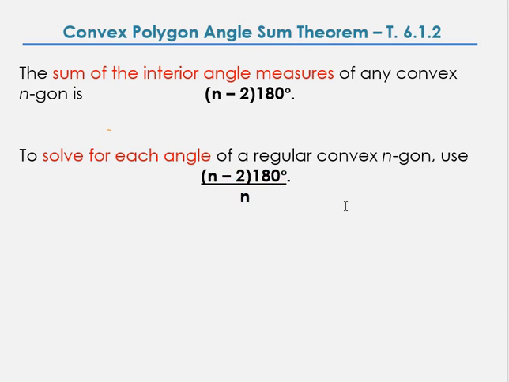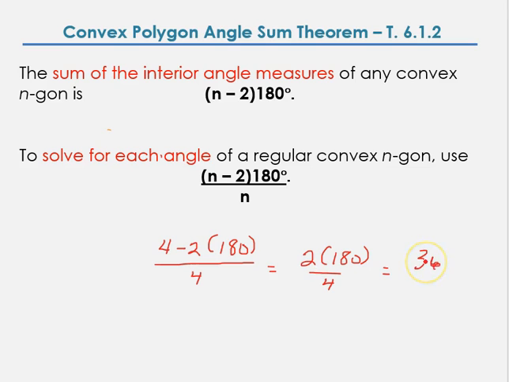So let's see what that would look like. 4 minus 2 times 180 divided by the number of sides would equal 2 times 180 divided by 4. 360 divided by 4 would be 90 degrees.